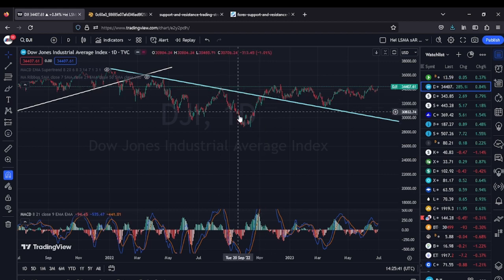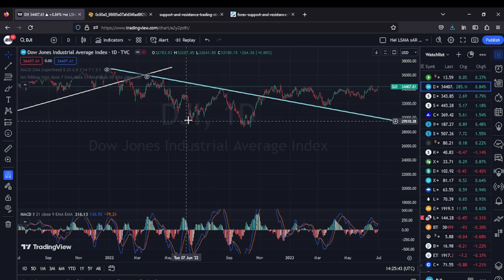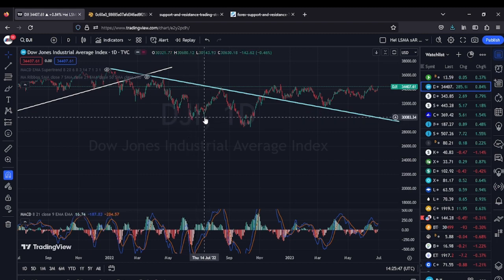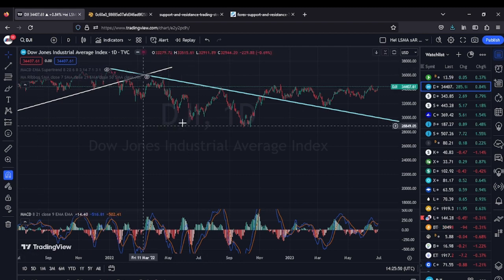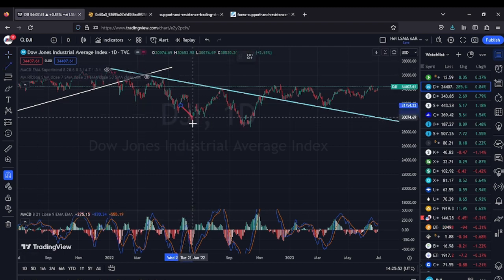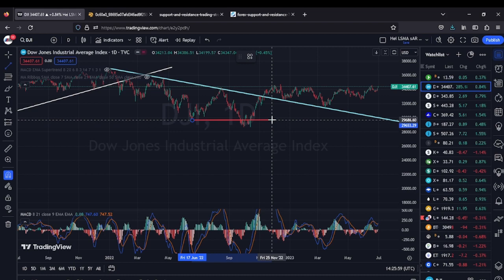If I short here, and it broke through this right here, the most recent bottom, I should take profit. I should have taken profit from when it broke through this line.